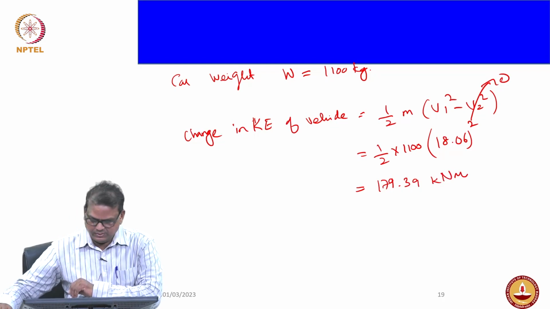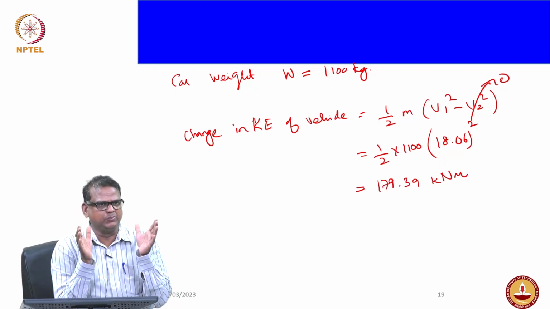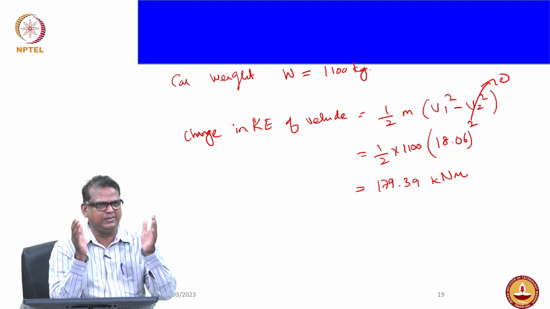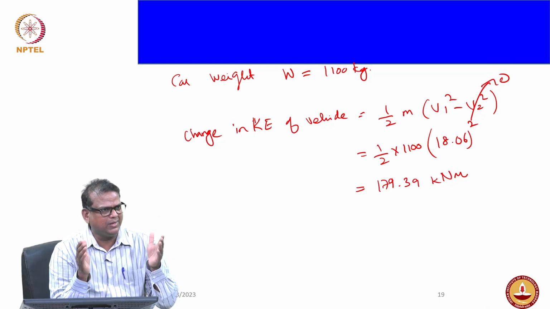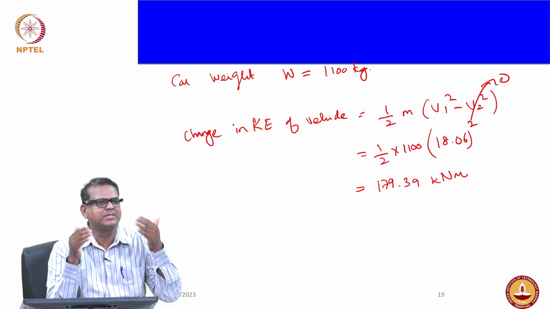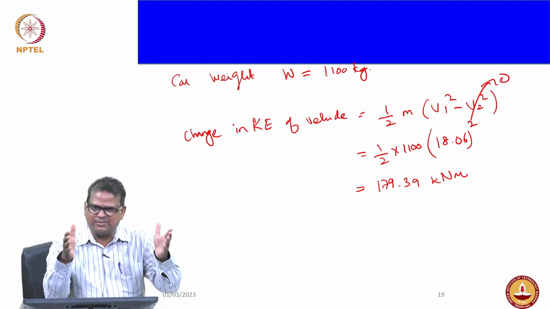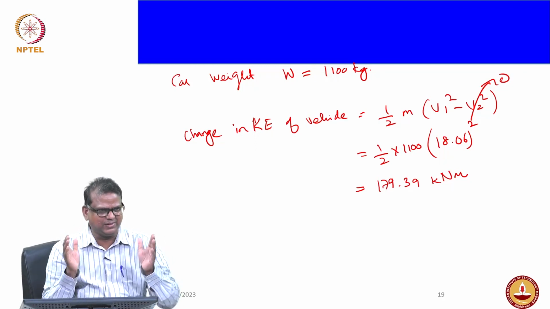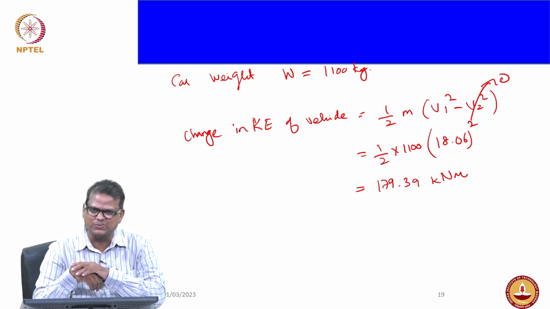Okay. I just wanted to inform you, when this car is moving, it is moving in a straight direction. It's a translation motion. But there are components that have rotational movements also.